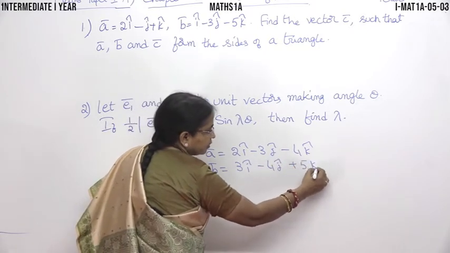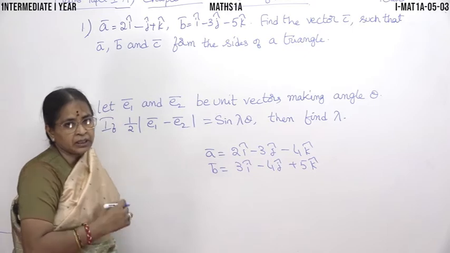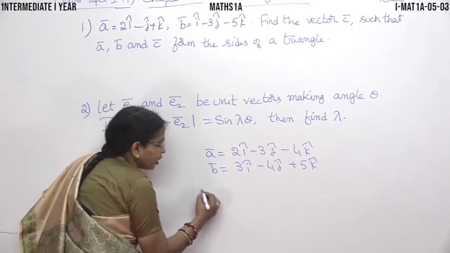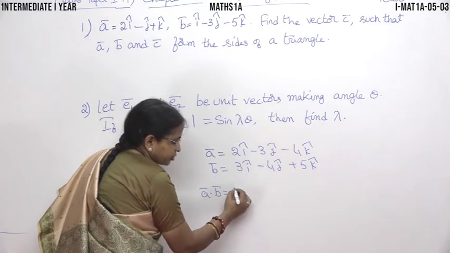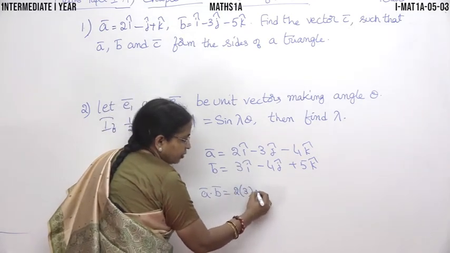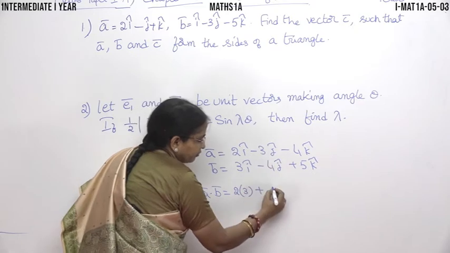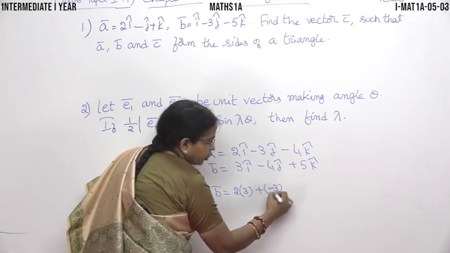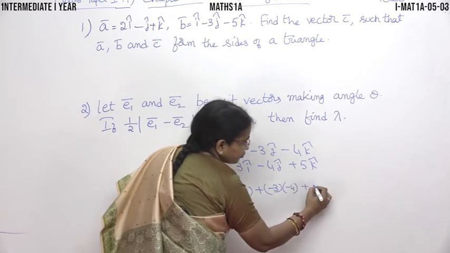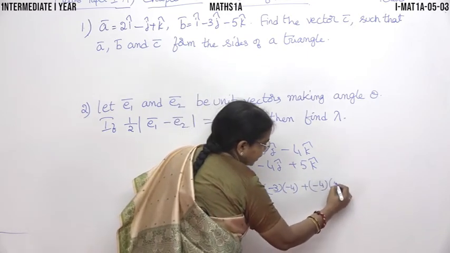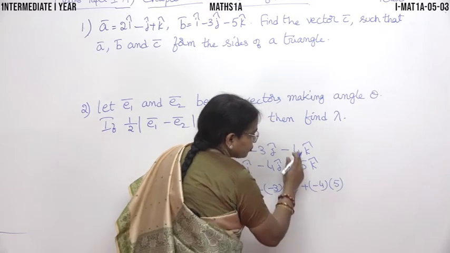A and B are two vectors. Then A dot B is just multiply I coefficients, 2 into 3, plus multiply J coefficients, minus 3 into minus 4, and then plus the K coefficients, minus 4 into 5.